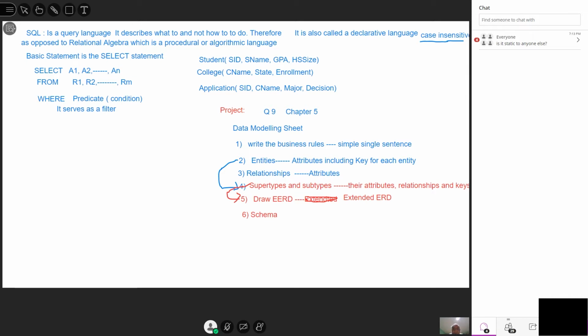Okay, so Professor, don't we have to do the relational diagram before we do the schema? Okay, thank you. So let's put that here. I just assumed that. Thank you. I'll make it 5 prime. So do the relational diagram.